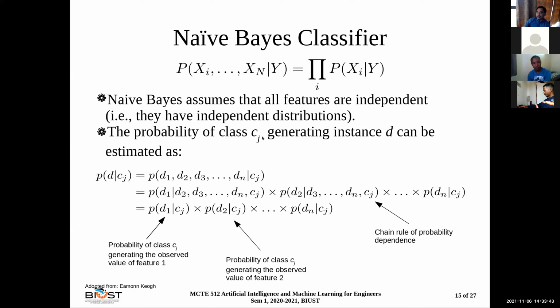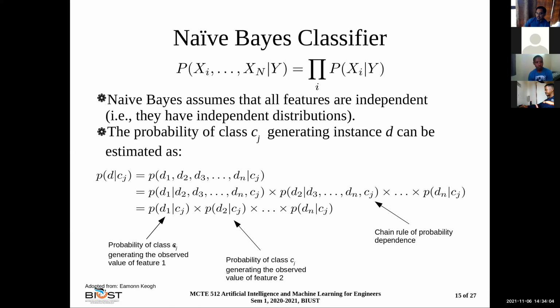Now we can write the probability in the sense that you have a class CJ, for example, and then you have the instance D, where you can have D1, D2, and D3. This is the instance, as they call it.